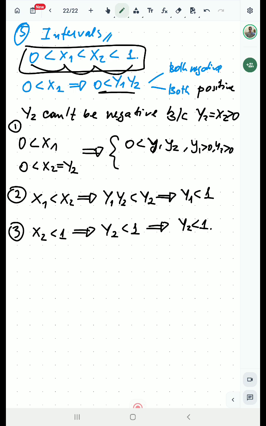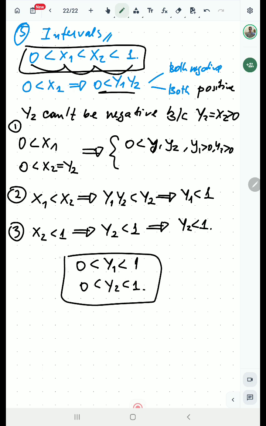So it means that y1 is going to be defined within the 0-1 interval, and y2 is also going to be defined within 0-1.